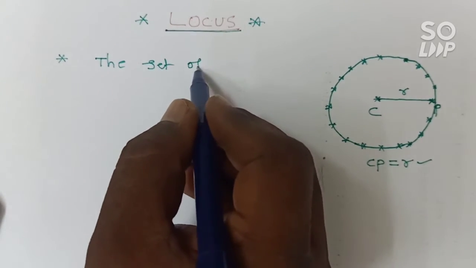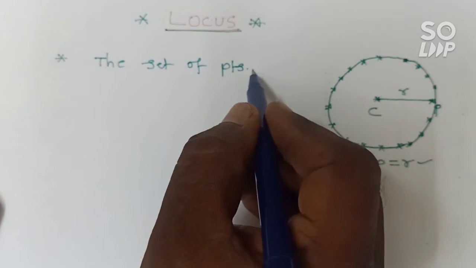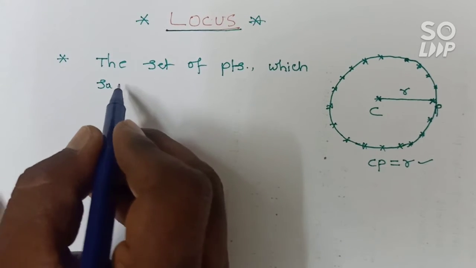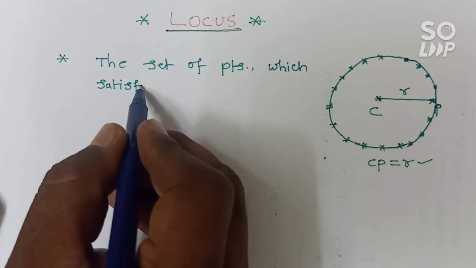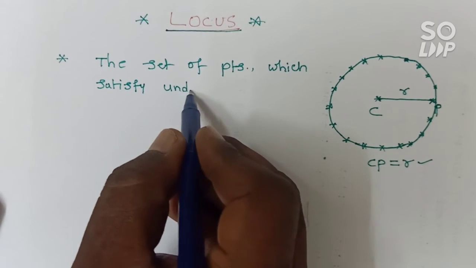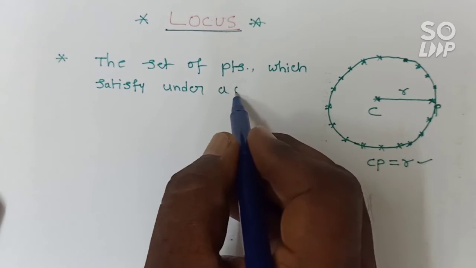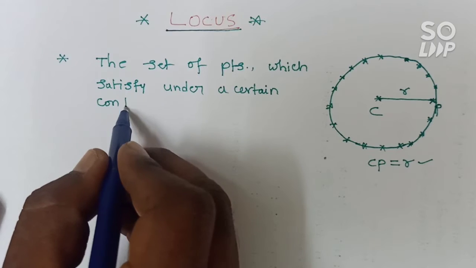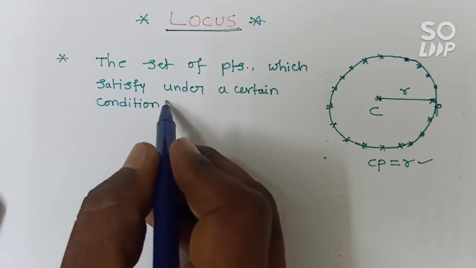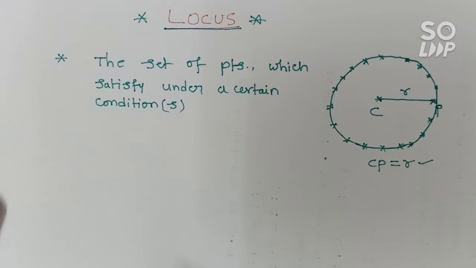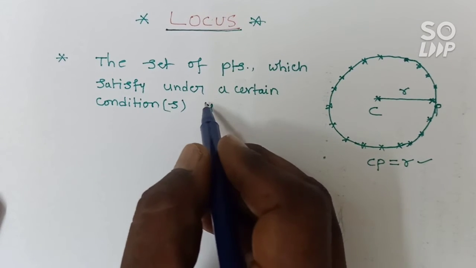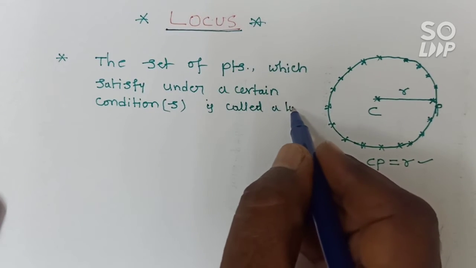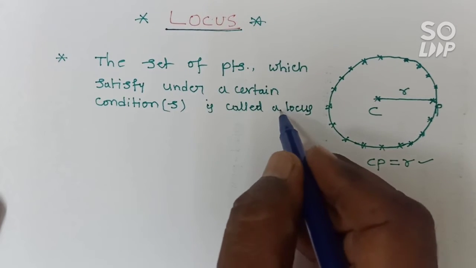The set of points which satisfy a certain condition or conditions is called a locus. This is the definition of the locus, right?